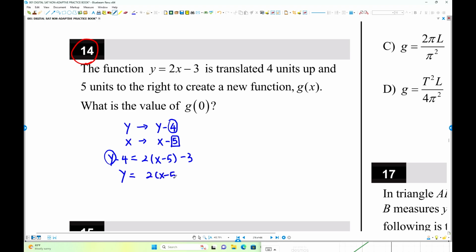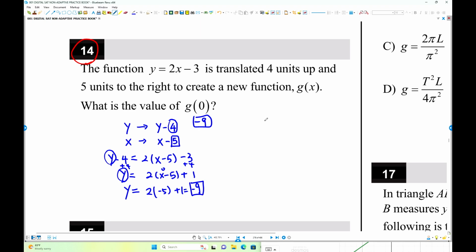You don't have to expand this. Add 4 to both sides, and we get plus 1, right? But this time, this is g of x. Now put x equals 0. When x equals 0, 2 times negative 5 plus 1 equals negative 9. That is the value of g of 0.